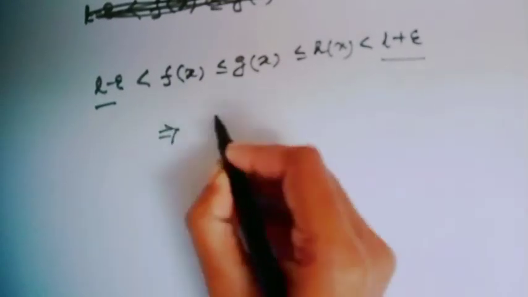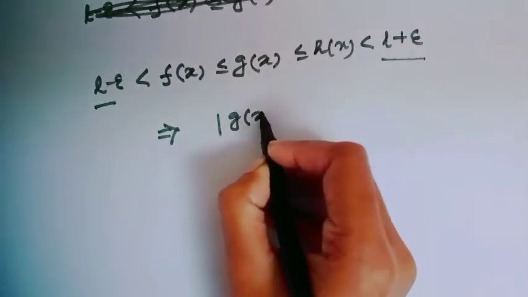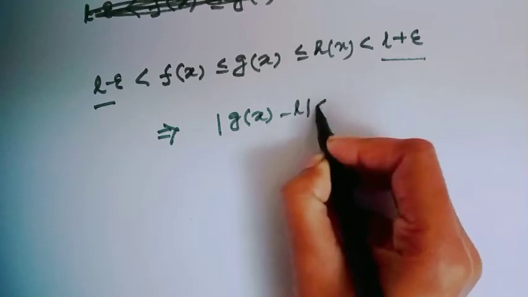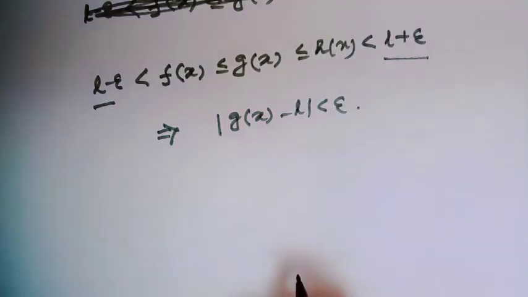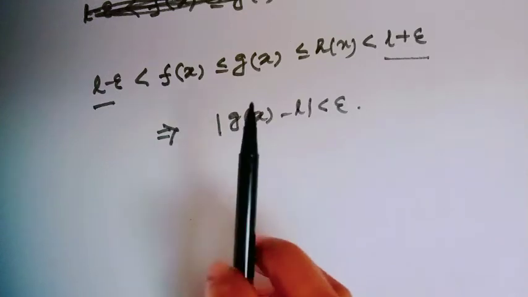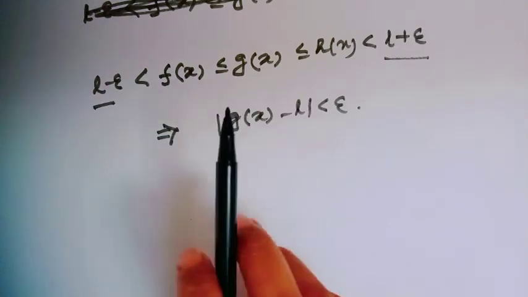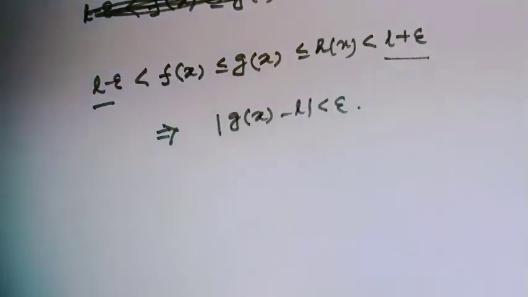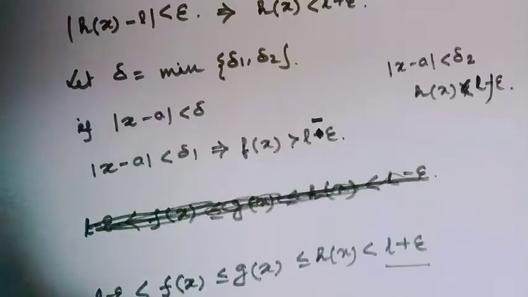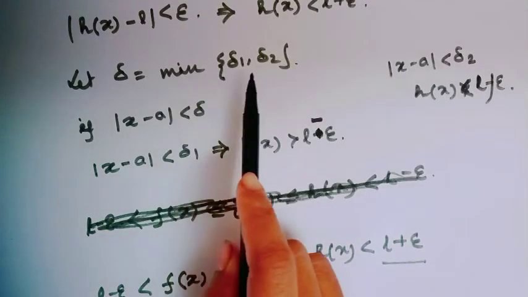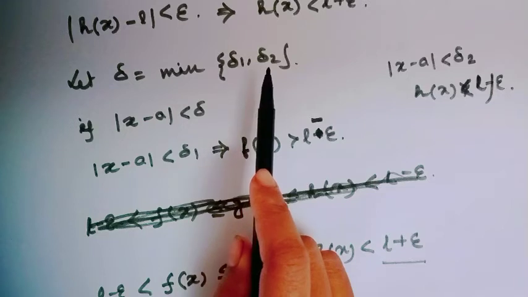That implies the absolute value of g(x) minus L is strictly less than epsilon. When we assume epsilon is an arbitrary number, we can find a delta which is the minimum of delta 1 and delta 2.